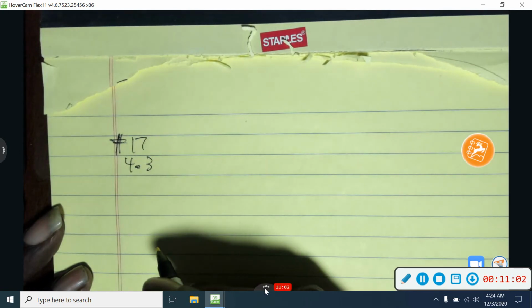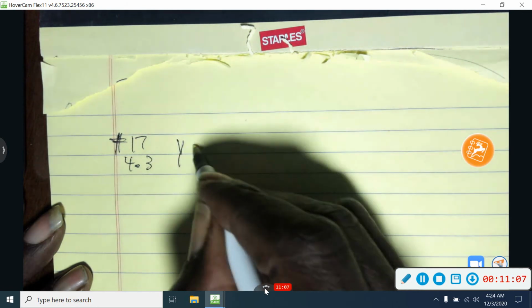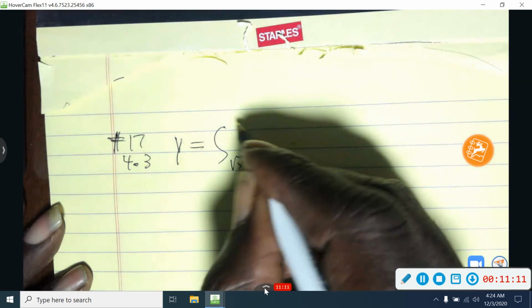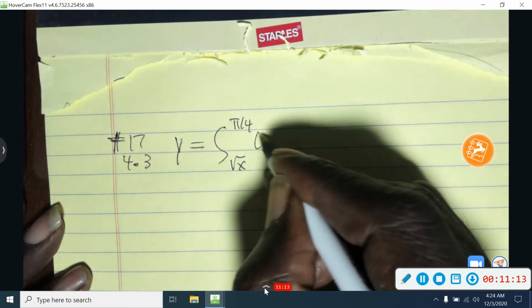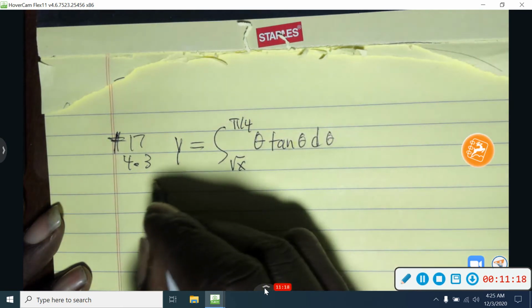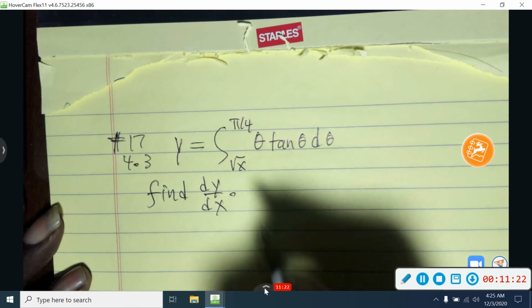You ready? It says, if y is equal to the definite integral from root x to pi over 4 of theta tangent theta d theta, find its derivative. Find dy dx. Remember, that's the name for its derivative.